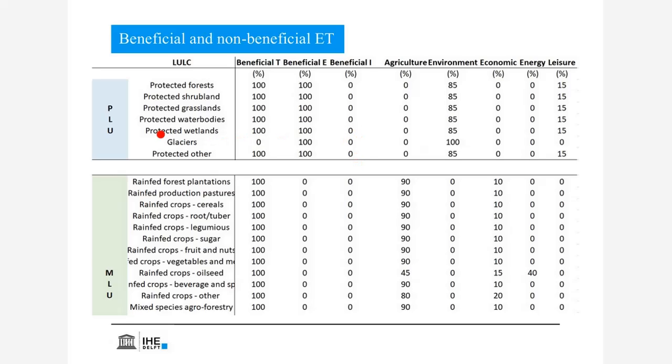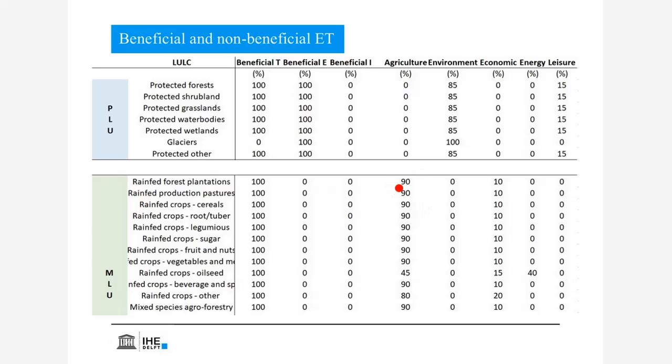And a wetland's beneficiality provides benefits for the environment and for leisure, but not for agriculture or economy or energy. And similarly for the modified land uses, like in this case, rain-fed crops, only the transpiration is beneficial. So all the other components, evaporation and interception, are non-beneficial.